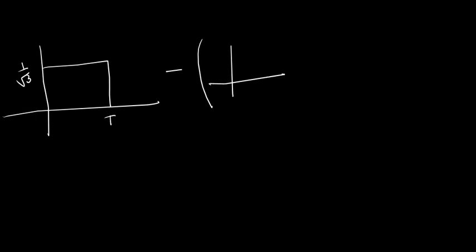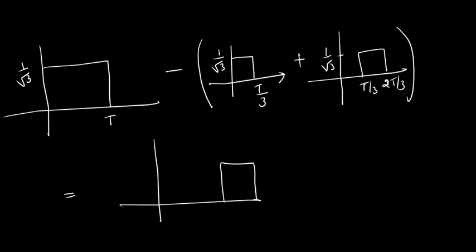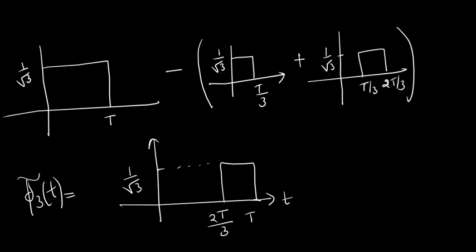So you will have something like this. So this is the first term. The second term is this. Right. So if you subtract it, you will get this. So this is your phi 3 tilde. Yes or no?